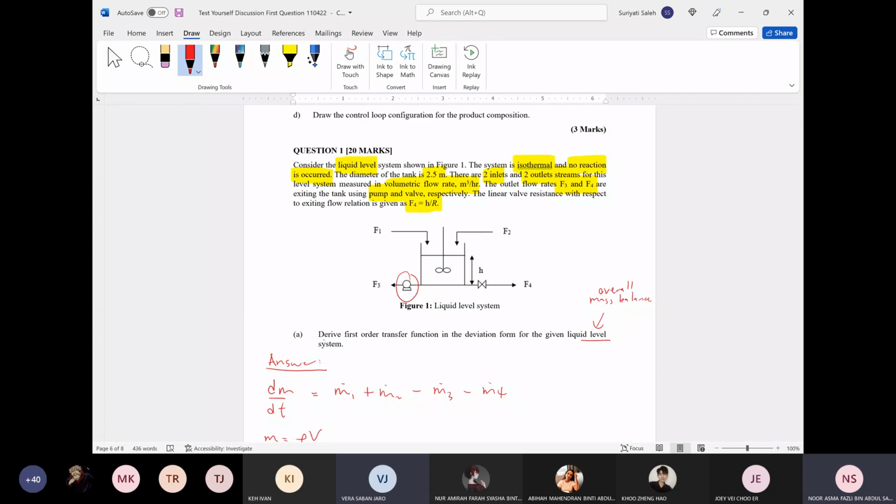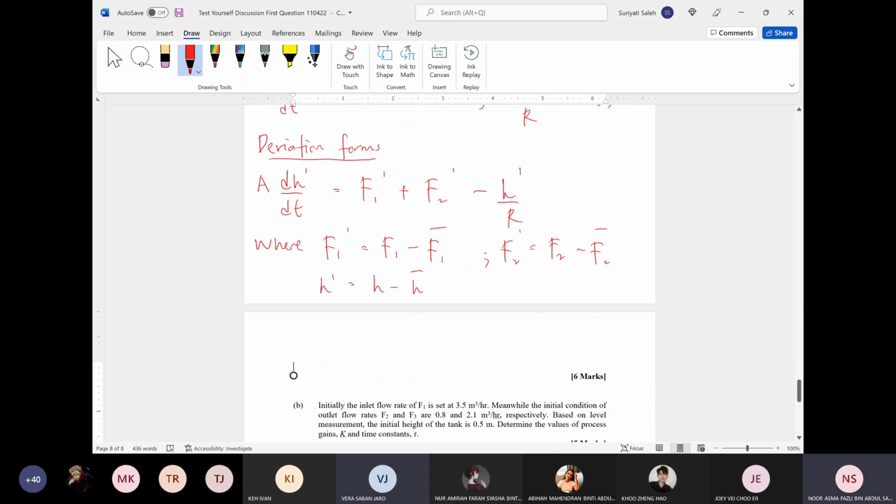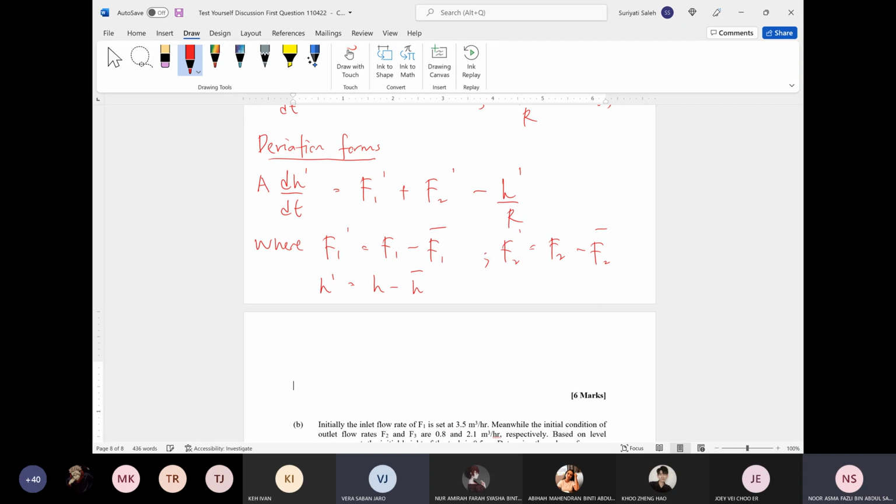So it's not complete yet for the given liquid level. Now we have the derivation form, so we need to proceed with the Laplace transform. Alright.